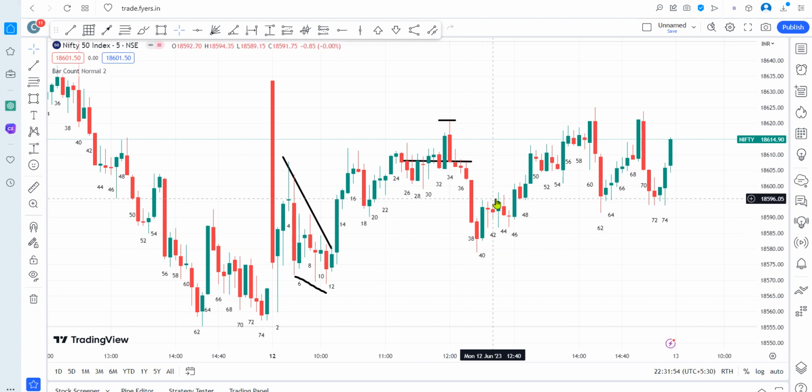Because they see that the green candle closes on the previous candle's high. The previous candle is a red candle, so it closes on the high. So buyers will create a new position. If sellers have not exited on the 40th candle, they will wait and see 42, 43.